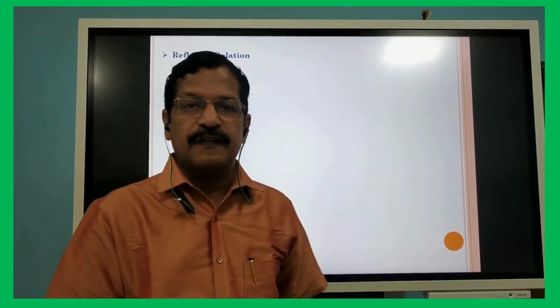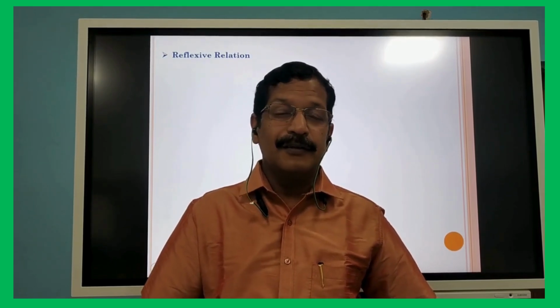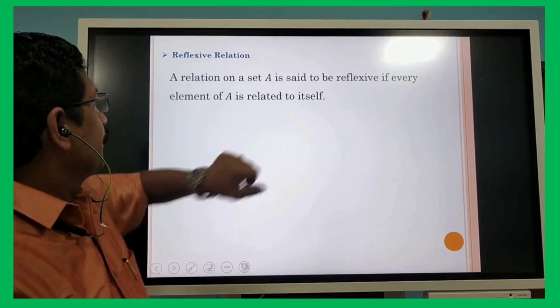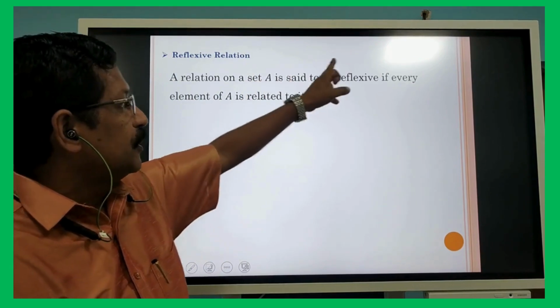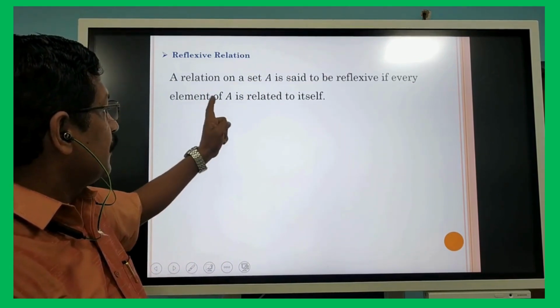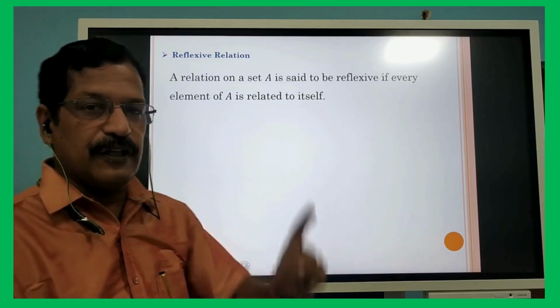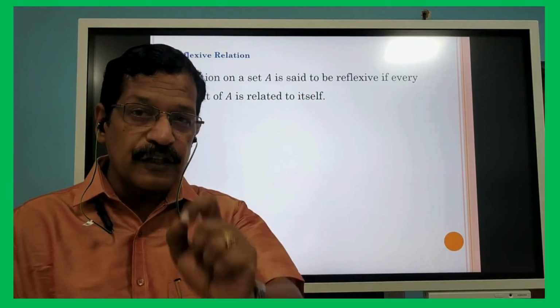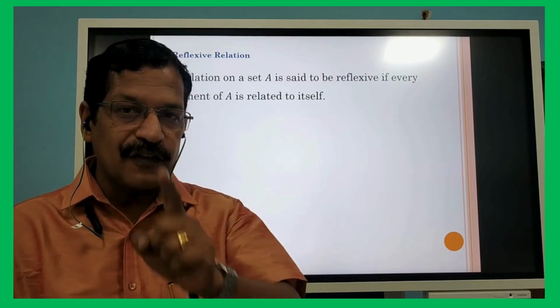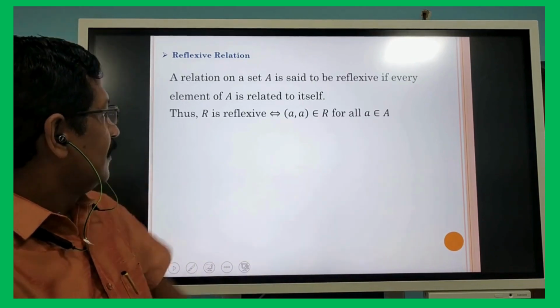Next, we have to discuss an important relation that is called a reflexive relation. What is a reflexive relation? A relation on a set A is said to be reflexive if every element of A is related to itself. If every element of A is related to itself, then the relation is called a reflexive relation.